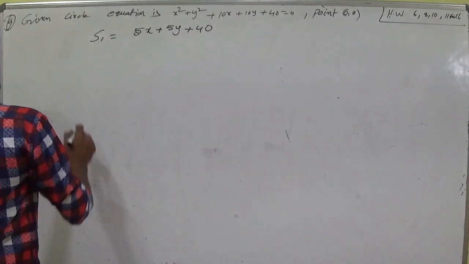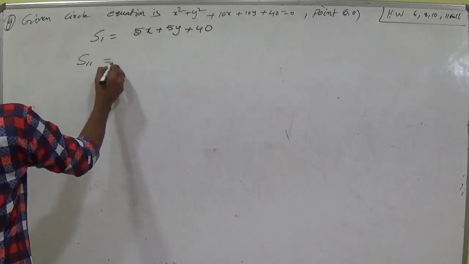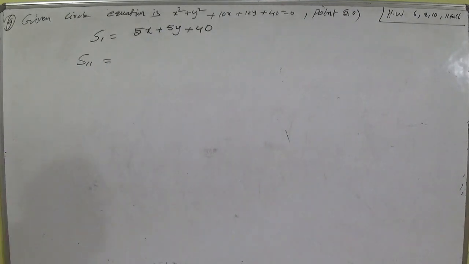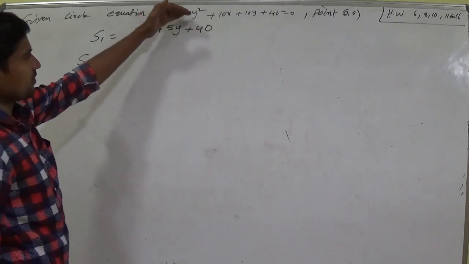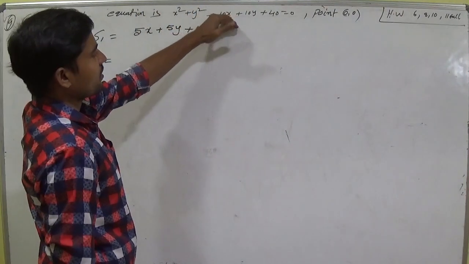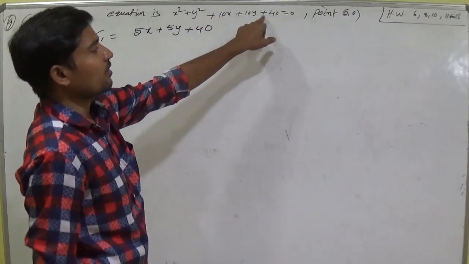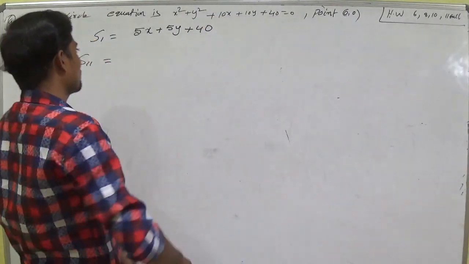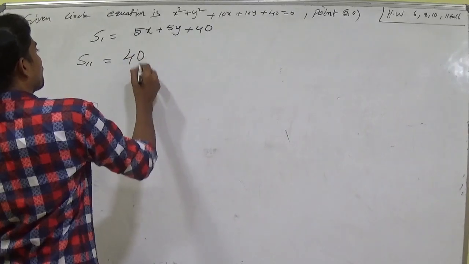And S11 is x1 square plus y1 square plus 2g x1 plus 2f y1 plus c, which is only 40.